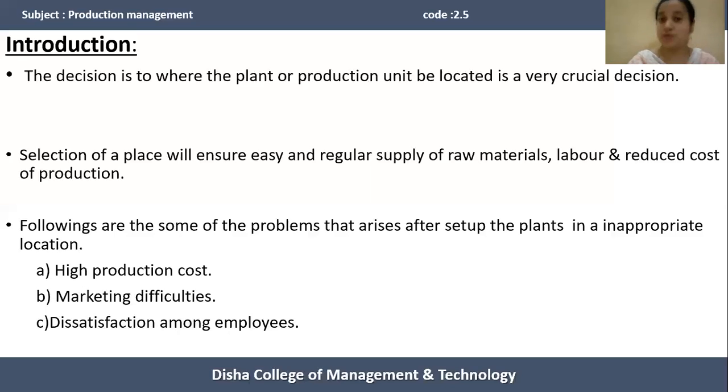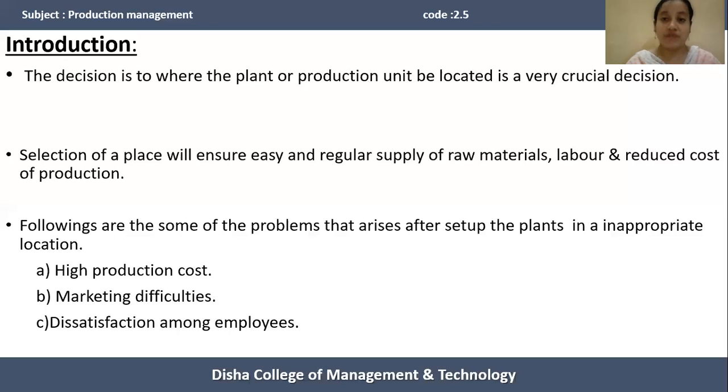If the firm's transportation cost increases and the firm's labor cost increases, that ultimately leads to an increase in the cost of production. So, if the industrialist is unable to identify a good or ideal location for their plant, then the firm's production cost increases.